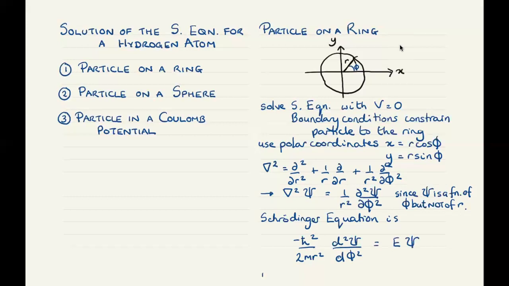And the boundary conditions are that the wave function at angle phi plus 2 pi must be equal to the wave function at angle phi in order for the wave function to not cancel out. Okay, so this is the problem that we have to solve subject to these boundary conditions.